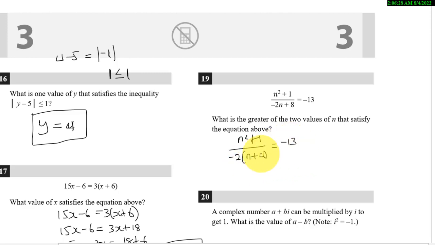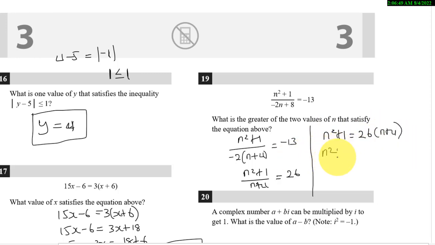When you multiply on both sides by 2, we'll have n squared plus 1 over n plus 4 is equal to 26. So n squared plus 1 is equal to 26 into n plus 4. So this becomes n squared plus 1 is equal to 26n plus 104.